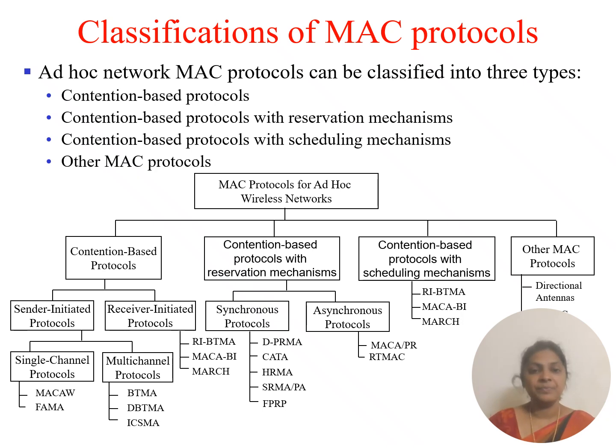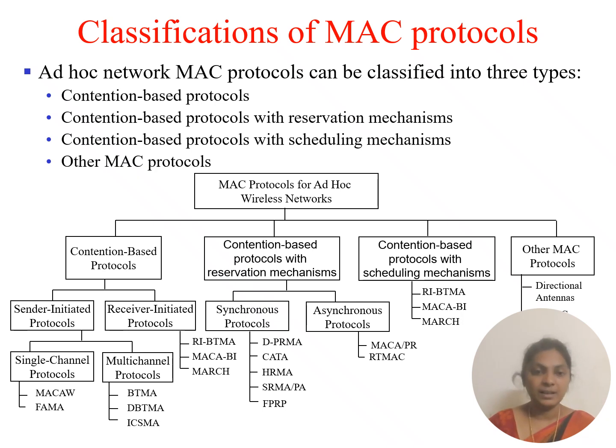In that, this particular real-time traffic has got a higher priority. So for such prioritized tasks within the common radio communication channel, some time slots can be reserved for such communications. So that's the second classification, contention based protocols with reservation mechanism.